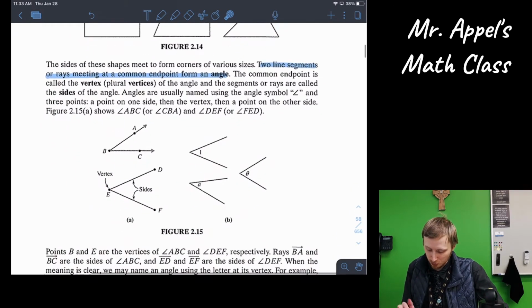So figure 215 here shows angle ABC, or you could call it angle CBA, going backwards, but notice in either case, B, the vertex, is still in the middle. And angle DEF or angle FED.